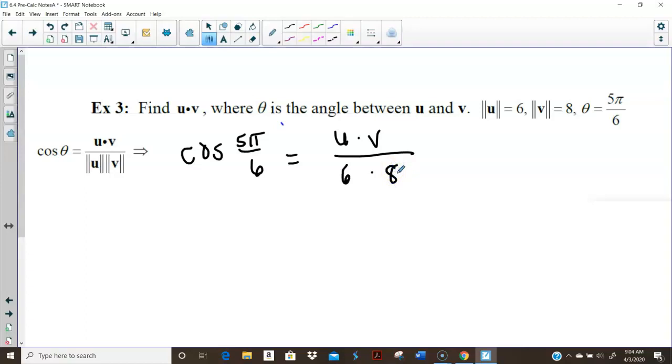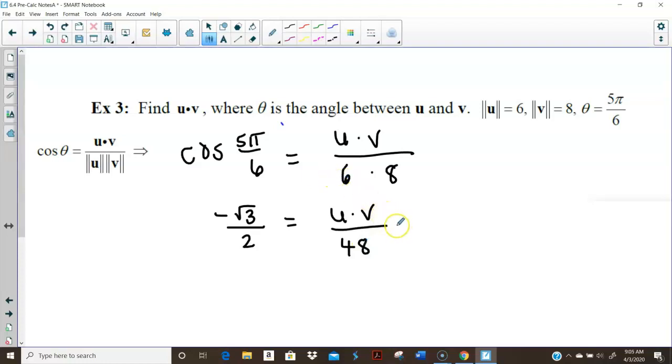So now we're just going to simplify this. We know what the cosine of 5 pi over 6 is. We're in the second quadrant. The reference angle is pi over 6. So that's going to give us negative root 3 over 2, since we're in the second, equals u dot v over 48. Again, all we're doing is trying to solve for u dot v.